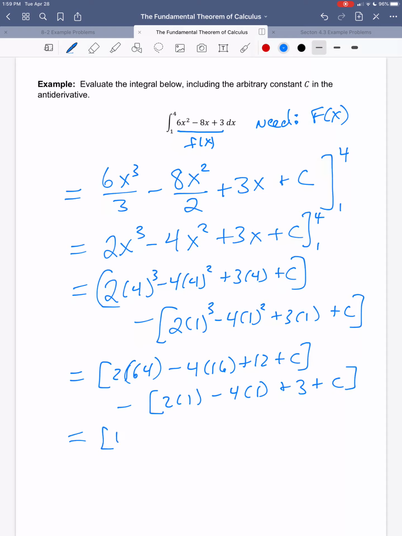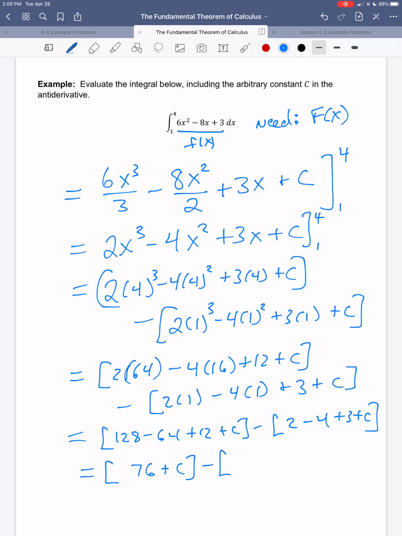So I get 128 minus 64 plus 12 plus c minus 2 minus 4 plus 3 plus c. So 64 plus 12, I get 76 plus c minus 2 minus 4, negative 2 plus 3, I get 1 plus c. So I get 76 plus c minus 1 minus c.